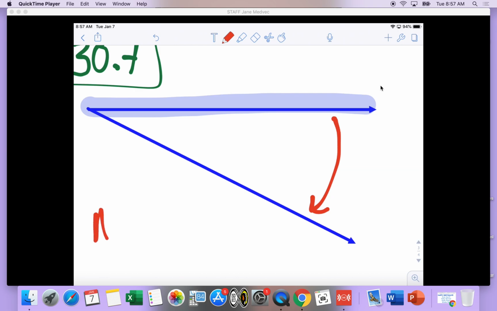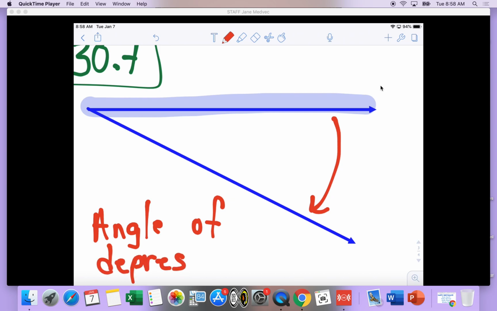So this is the angle of depression. Just think depression is going down. Okay, you start with the horizontal line wherever it is, if you go up or if you go down. So this is depression.